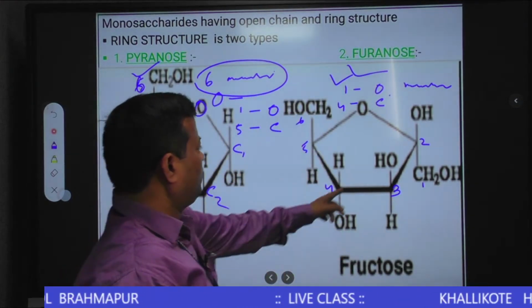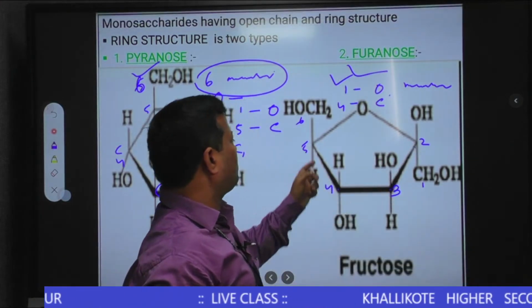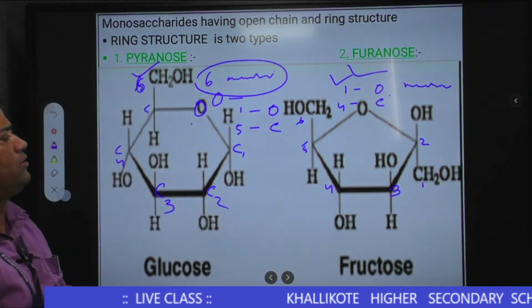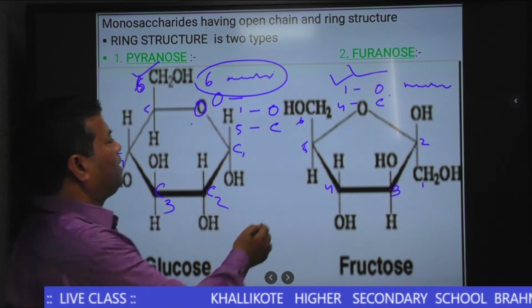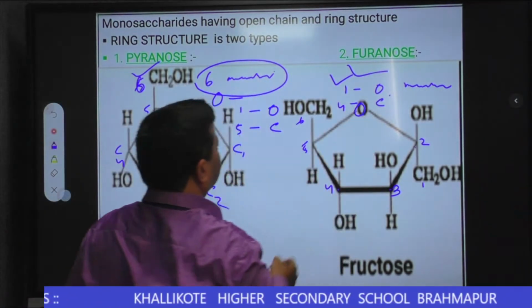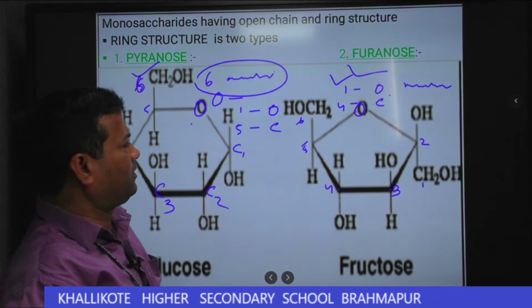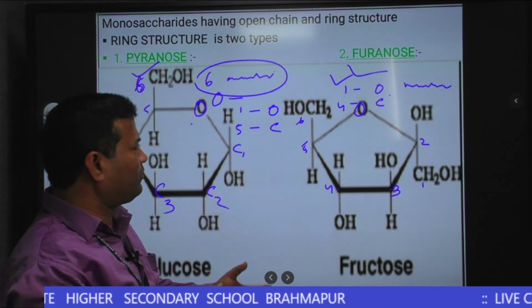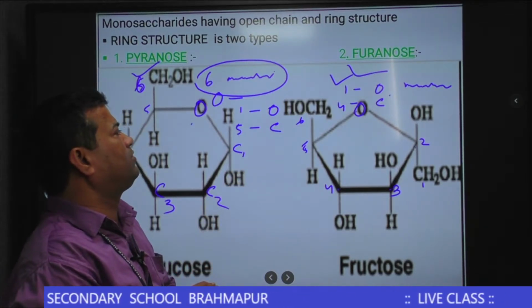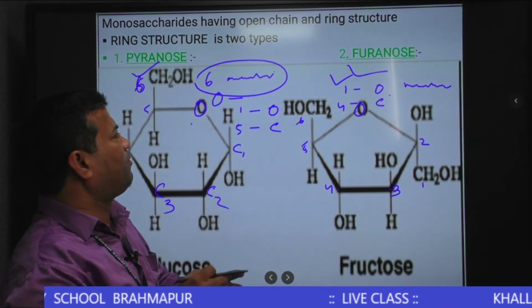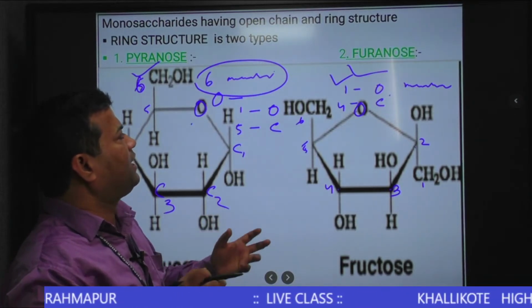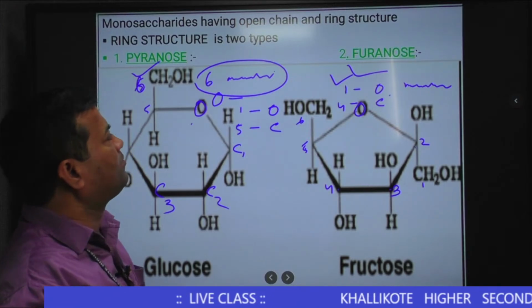Here 1, 2, 3, 4. The 4 position goes to the carbon atom and the 1 position of the ring structure goes to the oxygen atom. So it is a pentagonal ring structure of glucose. This type of ring structure is called the furanose form of glucose.